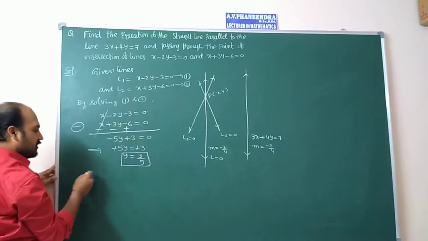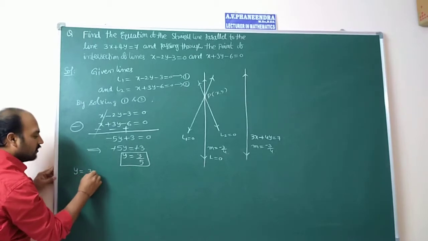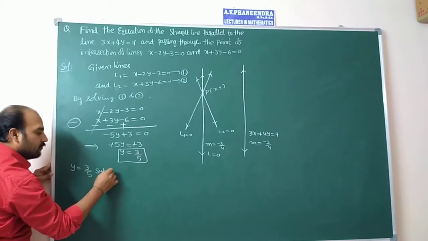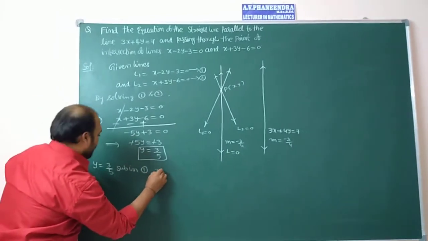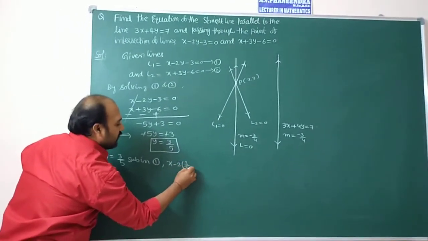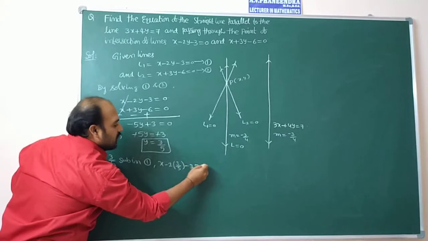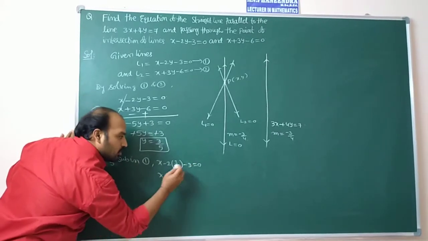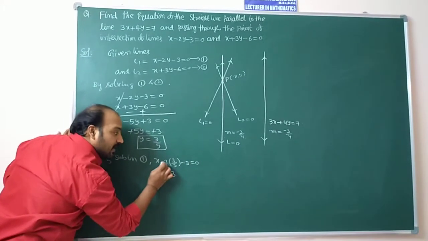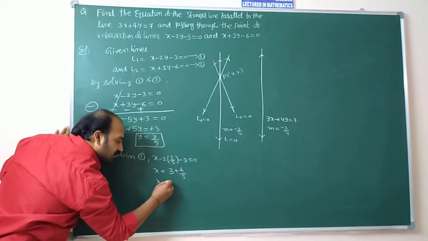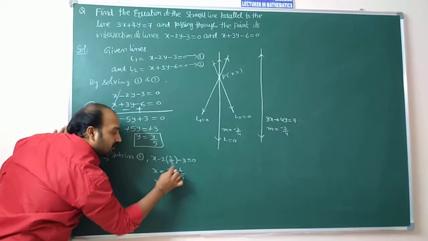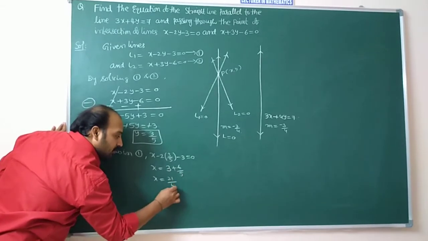Substitute in any of the equations. Substitute in 1. X minus 2 into 3 by 5 minus 3 equal to 0. X is equal to 3 plus 6 by 5. So x is equal to 5 3s are 15, 15 plus 6, 21 by 5.